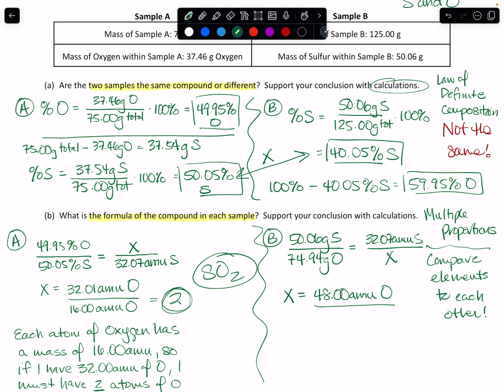I divide that by the mass of 1 atom, 16 AMUs, and I find that I must have, let's do math today, 3 atoms of oxygen. So this must be SO3. That's how we can determine the formula of these compounds.